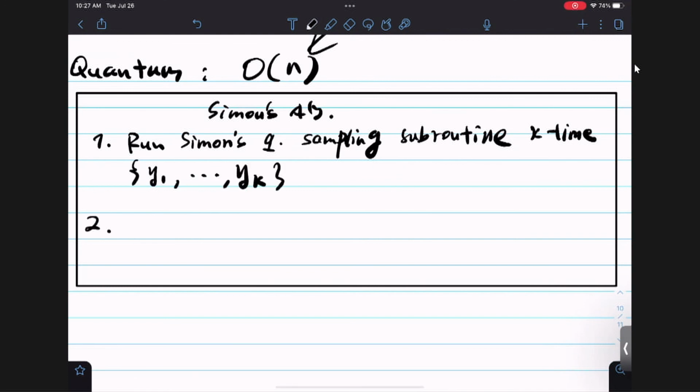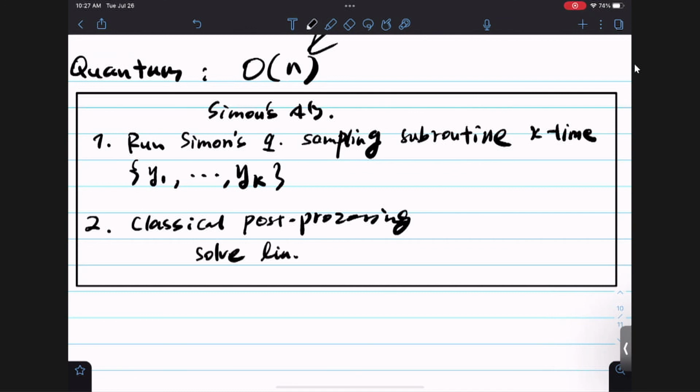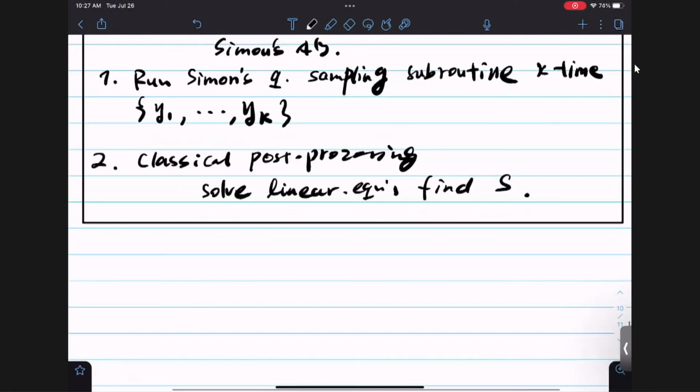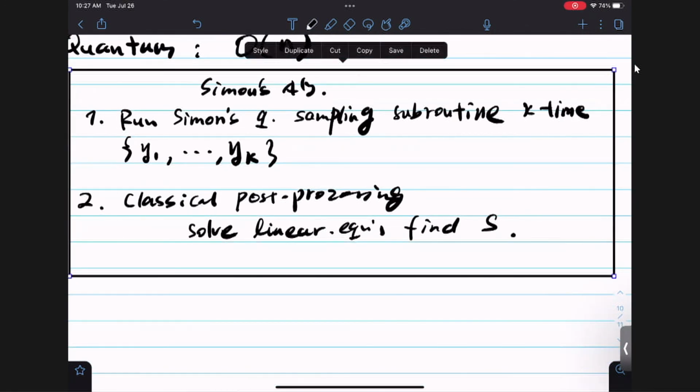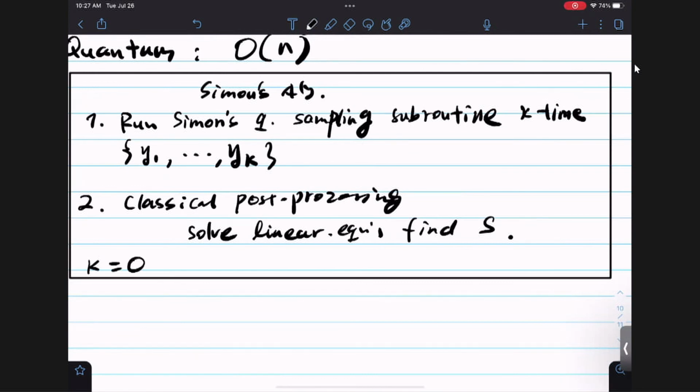And then the second step is going to be purely classical, a classical post-processing, which can figure out the secret S from these k samples. In this particular case, we just need to solve a linear system of equations. And it turns out the number of samples we need is just linear. So big O of n samples will suffice.